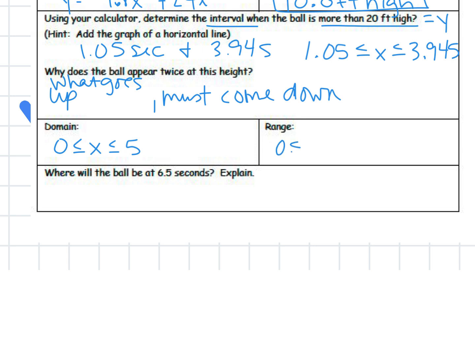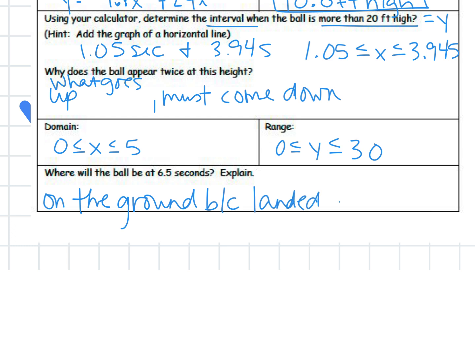And our range was our height, so 0 is less than or equal to y is less than or equal to 30. Where is the ball going to be at 6.5 seconds? On the ground. Why? Yeah, it's on the ground because it landed at 5 seconds.